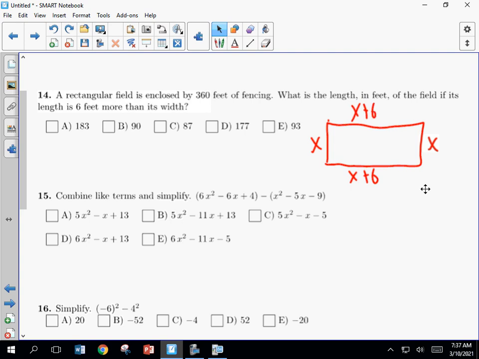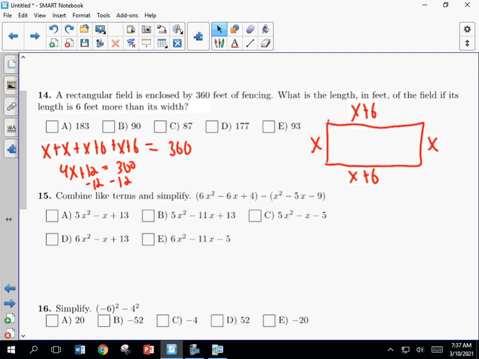And all the fence is 360 feet. So we're doing a perimeter problem. So you're adding all these up. So X plus X plus X plus 6 plus X plus 6 equals 360. Add them all together, you get 4X plus 12 equals 360.